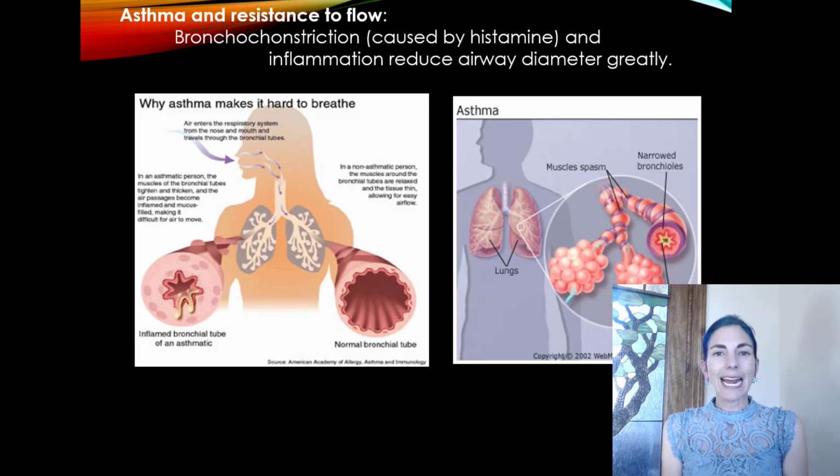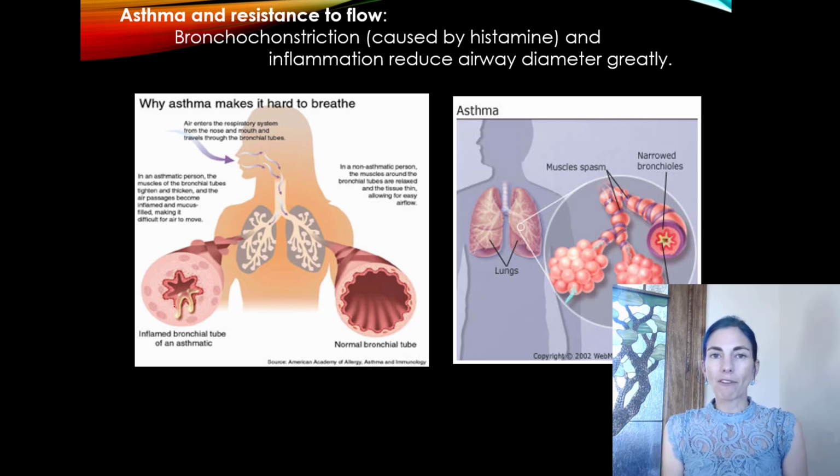Okay, so let's take a look at asthma. Most of you probably know of somebody who has asthma if you don't have asthma yourself. It's very common. Asthma is considered to be almost an immune disorder, where something triggers an excess release of histamine into the bronchioles. So remember, the bronchioles are going to lead into the alveoli.